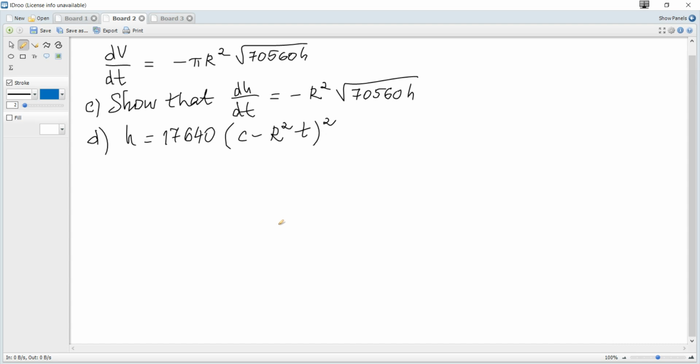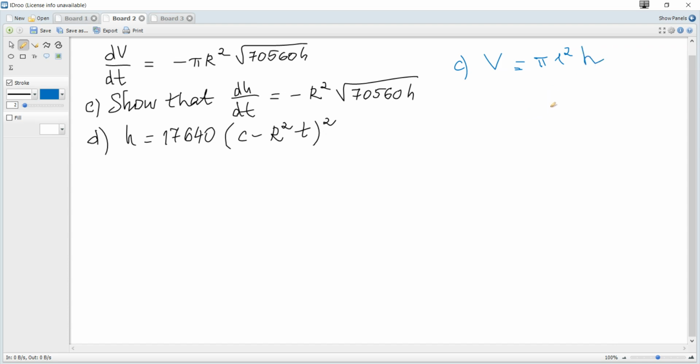Then, Eve does some research and discovers a formula for the rate of change of the volume, and this formula is given. And question C shows that dH over dt is equal to this. So, what is V? V is the volume of the cylinder, and the volume of a cylinder is the area of the base, a circle with radius 1, so it's pi times 1 squared times height.